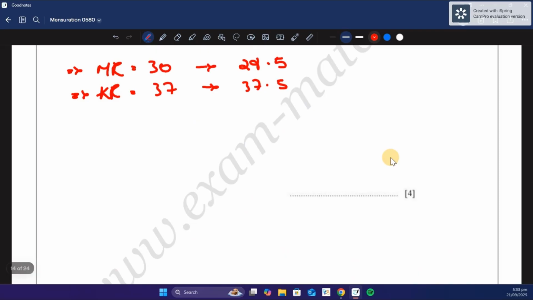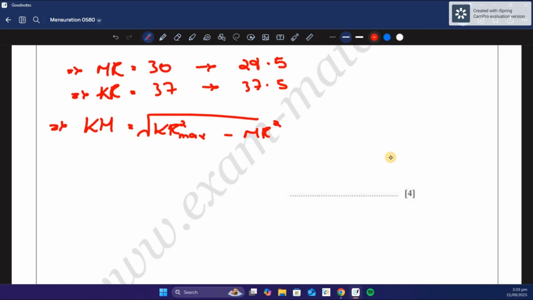So what we could say is KM is equal to the root of max of KR squared minus minimum of MR squared.